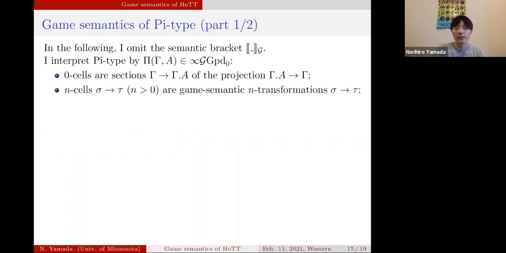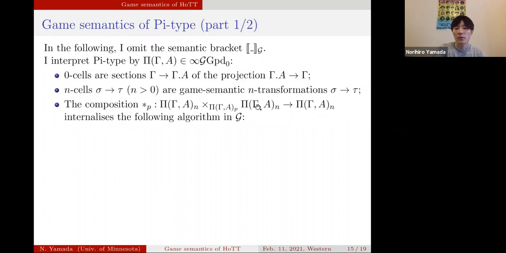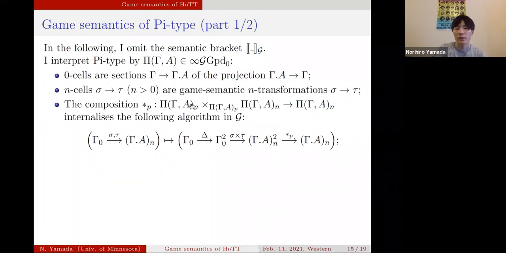And then I define the composition of N cells with respect to P cells as the internalization of the following algorithm in Z. Namely, given two N cells, sigma and tau, just game-semantic N transformations, so they are strategies from gamma 0 to gamma dot AN, this algorithm first takes the product here, then precomposes the diagonal, and then post-composes the composition on the codomain. And as a result, we get an N cell, or N transformation, from gamma 0 to gamma dot AN.